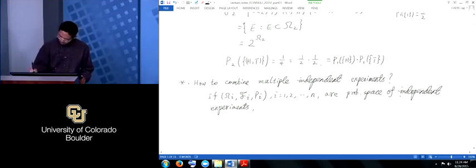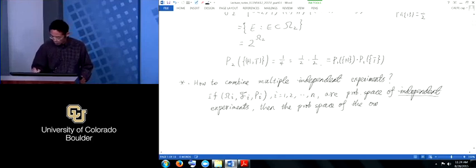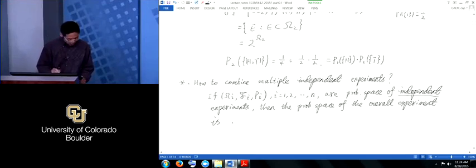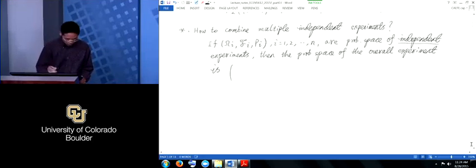So under this independent assumption, the probability space of the overall experiment is omega, which is defined as omega 1 times up to omega n.